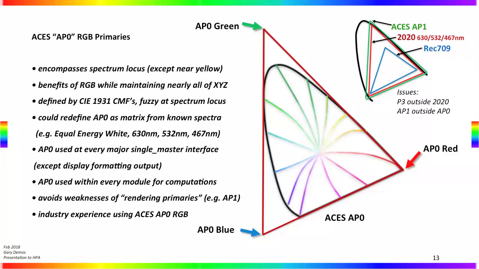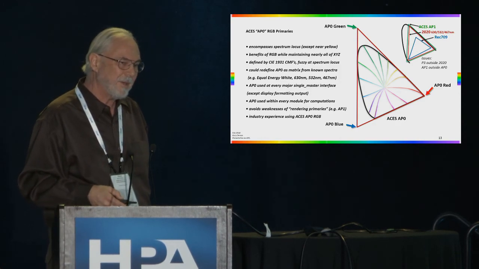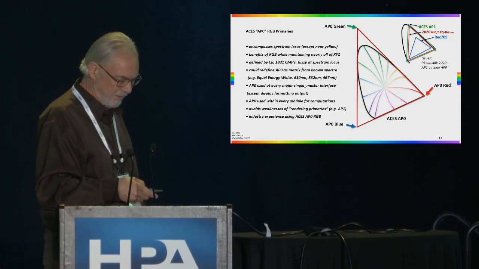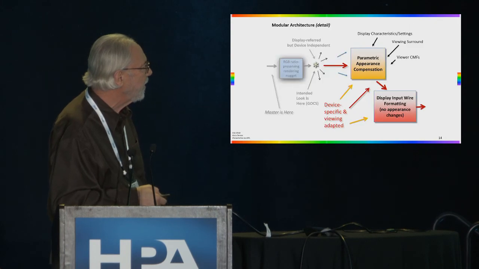And if you use some form of neutral, equal energy white, or a daylight curve, or some other combination of these, a matrix times these, you can define the ACES primaries. They're not defined this way, but you could define them spectrally, and then the AP0 primaries would become completely independent of all color matching functions. So that, I think, is an interesting area to pursue. It may seem a little bit academic, but I assure you that it is not.